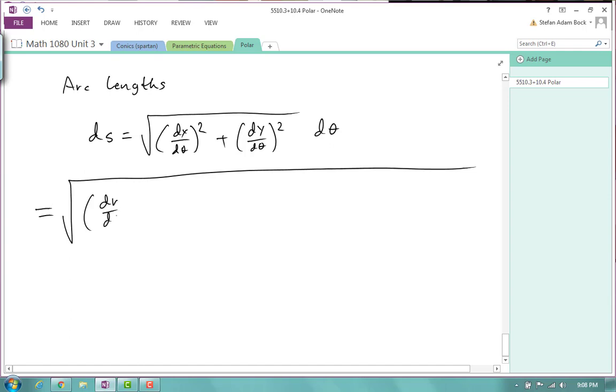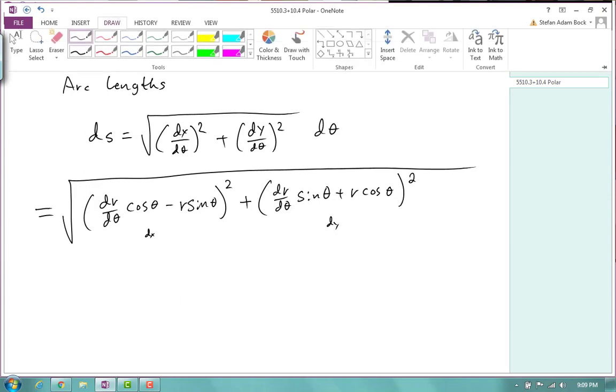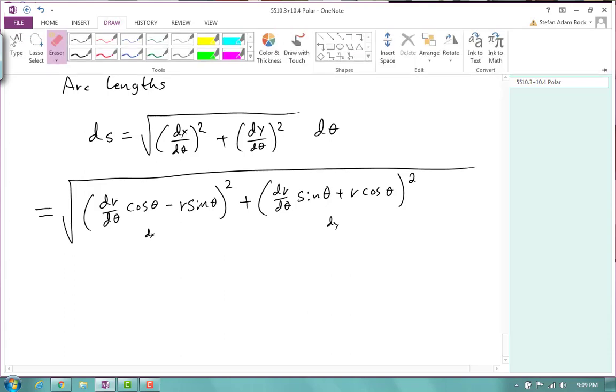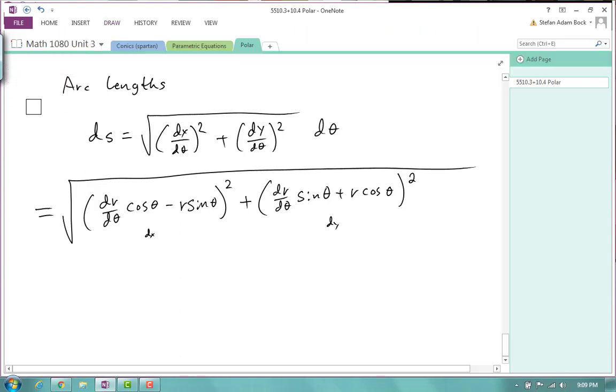This is dr d theta cosine theta minus r sine theta, quantity squared, that's the dx, plus dr d theta sine of theta plus r cosine theta, quantity squared, that's the dy. And what I should do is add on the d theta.